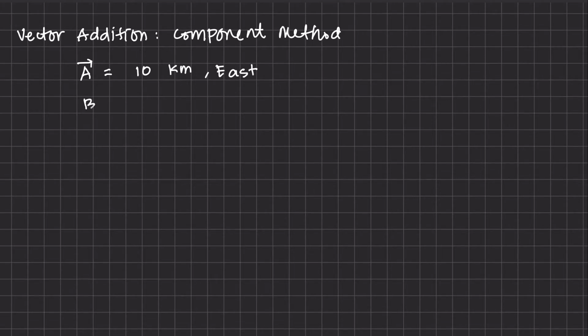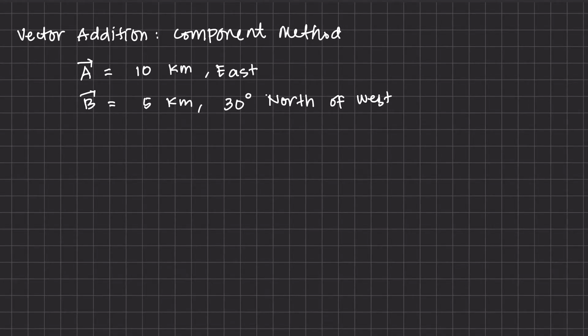Then you have vector B, that is 5 kilometers at an angle 30 degrees north of west. And then let's have the third one, vector C. Let's have 15 kilometers due south.